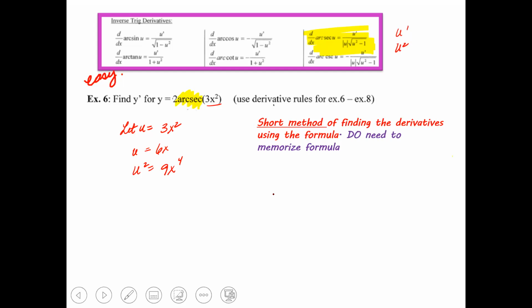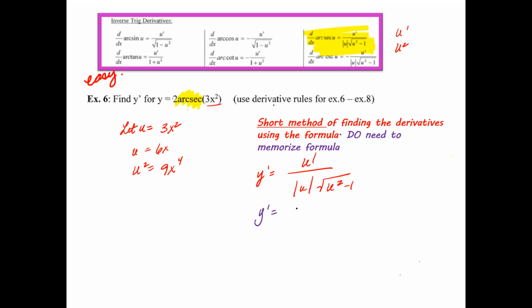Now that you have these components, let's just do this. Y prime is equal to u prime over absolute value of u square root u squared minus 1. So y prime is equal to u prime, which is going to be 6x over absolute value u, so 3x squared, square root u squared, which is 9x to the 4th minus 1.